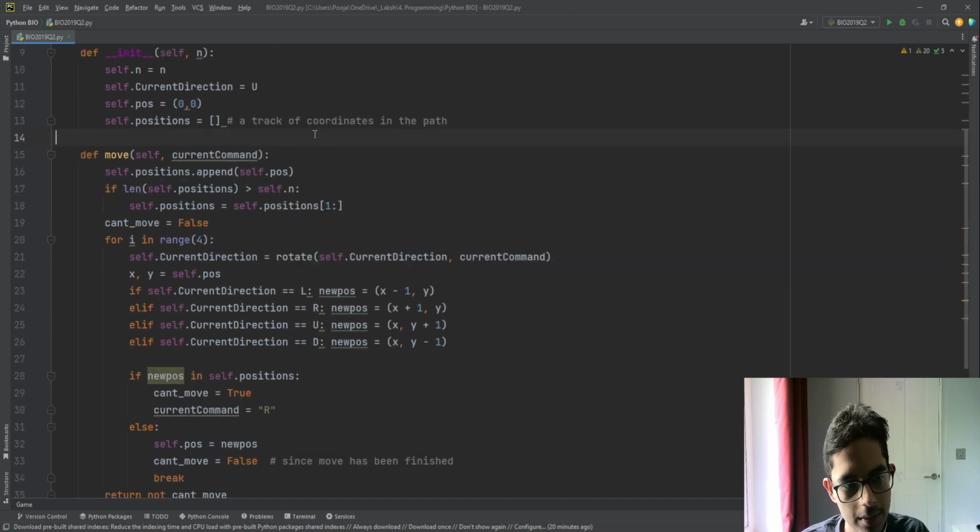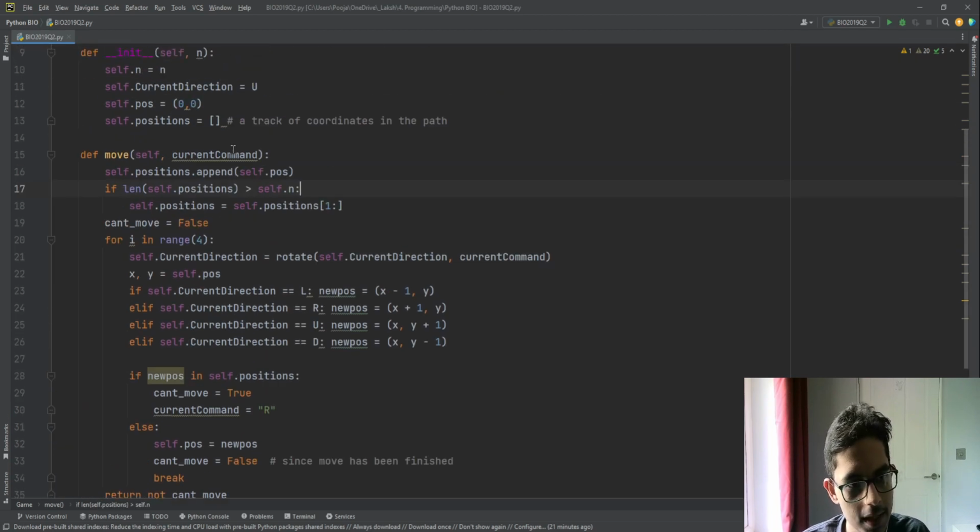And now let's go on to the actual move function. What this initially does is it appends the current position into the self.positions array. And this self.positions is basically a track of all the coordinates which are currently on the path, currently on the trail, if you like, since that's the language which the question used. And now we start by appending that particular position to the array.